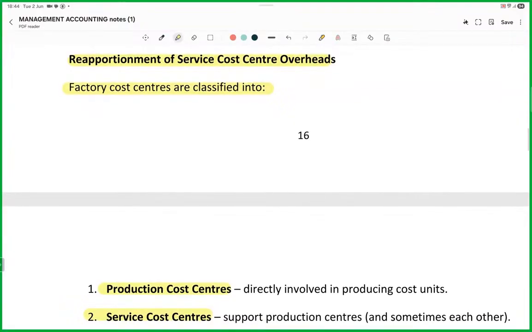Mention there: reapportionment of service cost center overheads. That we must write.